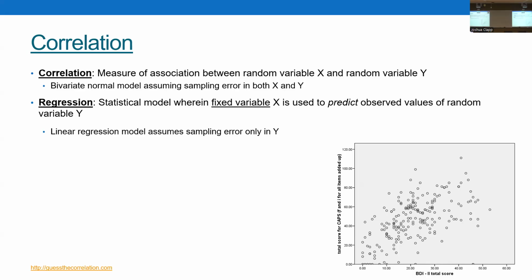X being fixed means that my values of X are not random. I'm assuming that I have, in my regression model, observed all possible values of X that are relevant to my question. There's no distributional assumption associated with this.